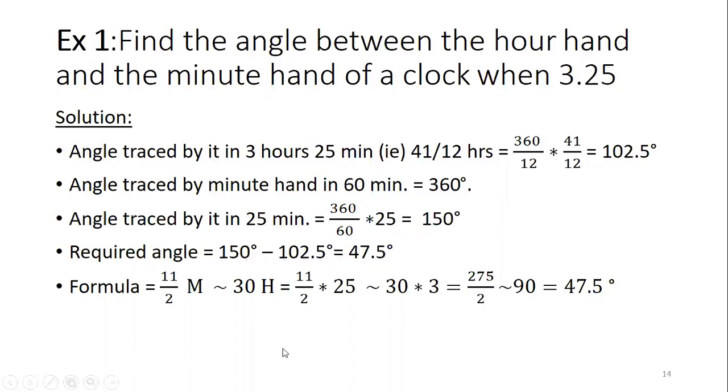Now using the formula, you apply 11 by 2 into 25, minus 30 into 3, and you will get 47.5 degrees. Both the angles are the same. So this is how, in short, by using the formula, you can get the angle between the minute hand and hour hand.